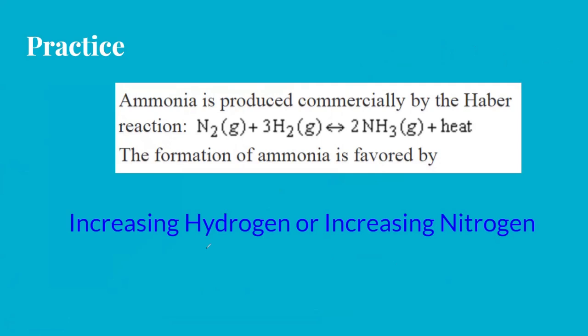I could also decrease the ammonia. I could also decrease the temperature. So there are 4 different ways I could get this reaction to shift towards making more product, as long as I don't do it so much that I break the reaction by leaving no more reactant or product. All right, let's try the next practice question.